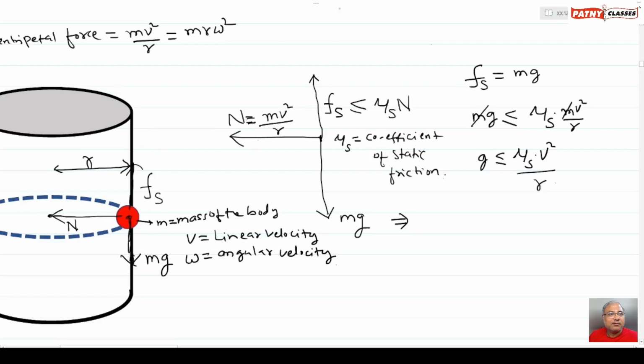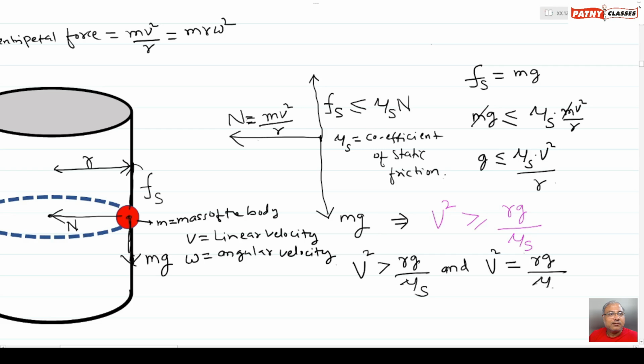implies v square is greater than or equal to rg divided by mu s. There are two situations. One is v square greater than rg upon mu s, and the other is v square equals rg upon mu s.